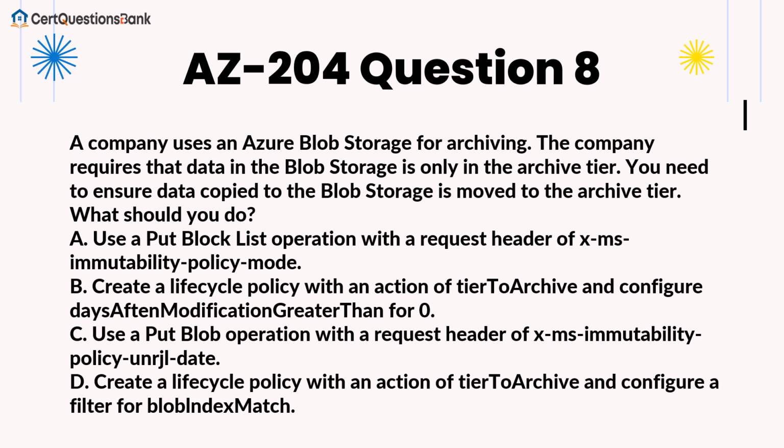B. Create a lifecycle policy with an action of tier to archive and configure days after modification greater than 0. C. Use a put blob operation with a request header of x-ms-immutability-policy-until-date. D. Create a lifecycle policy with an action of tier to archive and configure a filter for blobIndexMatch.